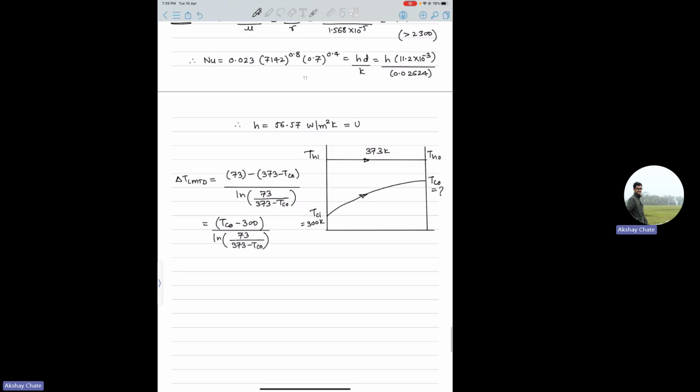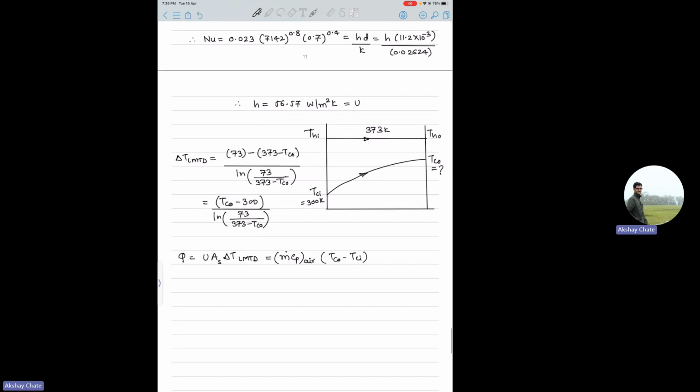So now we know that Q is nothing but UA delta T LMTD, right? And this is your overall surface area. This will be again equal to m dot Cp of air into TCO minus TCI. Okay. So now we don't know m dot. M dot of air is nothing but rho A C, where AC is cross sectional area.